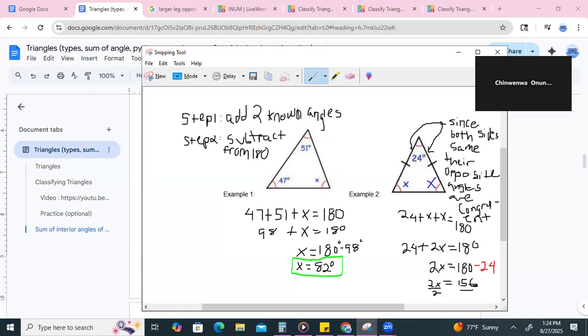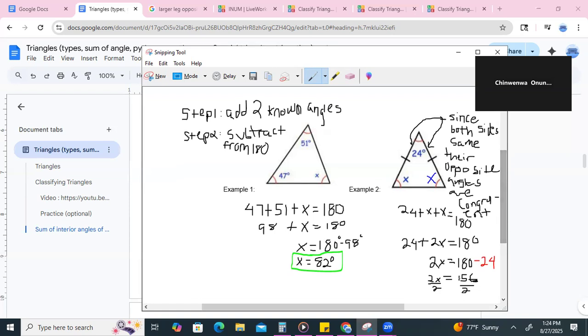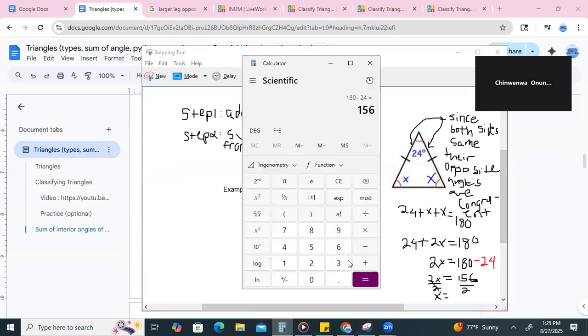And we get that x is 156 divided by 2. You can use your calculator. That should be 78. So you can say 2 will go into 15 7 times. You have a remainder of 1. Put that 1 in front of the 6. 2 will go into 16 8 times. Or use your calculator: 156 divided by 2 is 78.